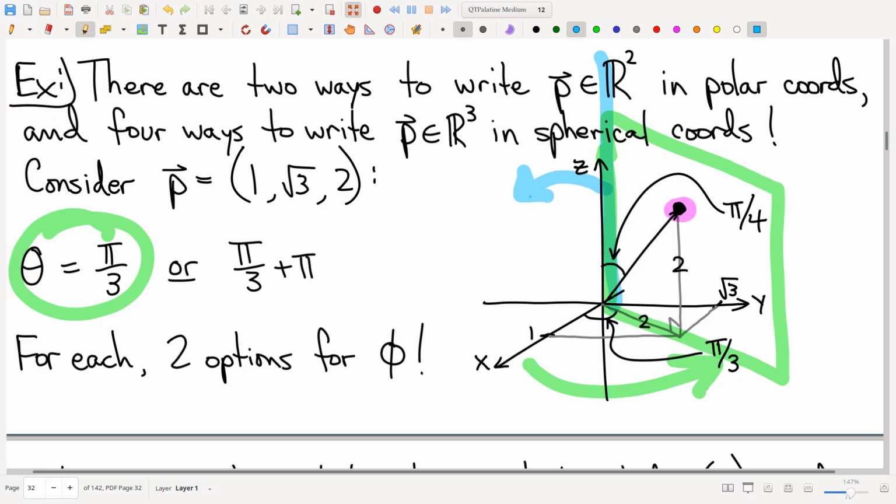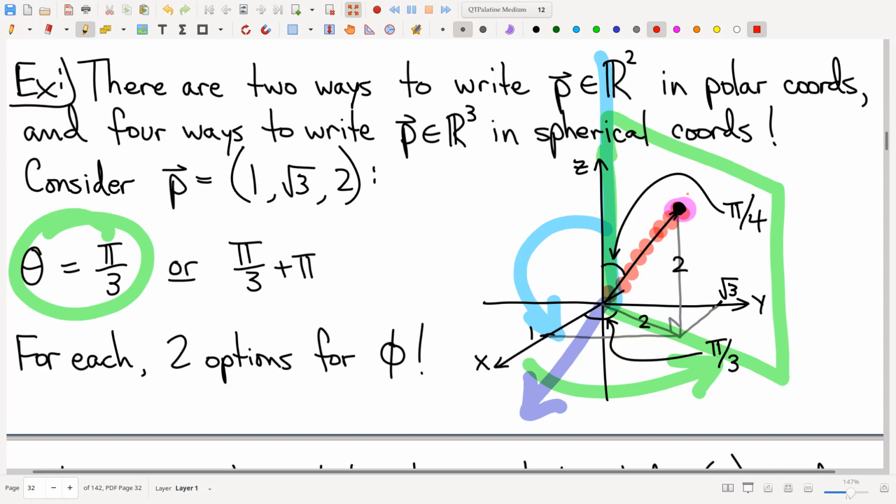If I do that far enough, that gets me pointing in exactly the wrong direction, and then I can just go a negative 2 square root of 2 to get to the exact same point. So when theta is pi over 3, phi can be positive pi over 4, or it could be negative 3 pi over 4. And then just choose your rho to be positive or negative accordingly. Okay, so that's 2 possibilities.